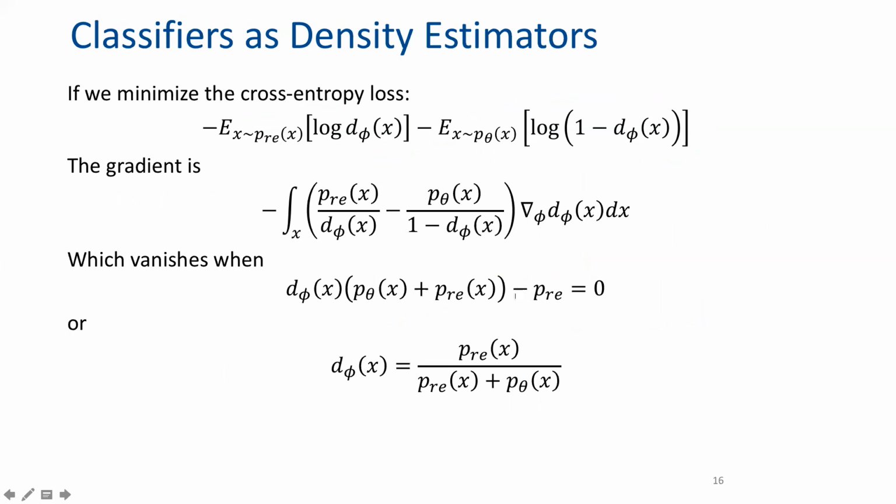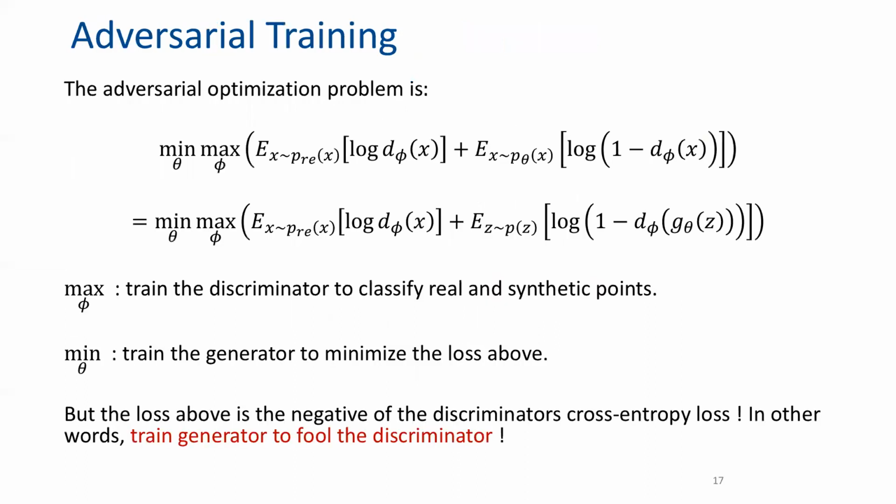And there's the formula for the gradient. From the formula for the gradient, you can see that the best classifier actually satisfies the formula that we want it to. So this is a short proof that an ideal classifier would give us the exact density ratio between real and average images.